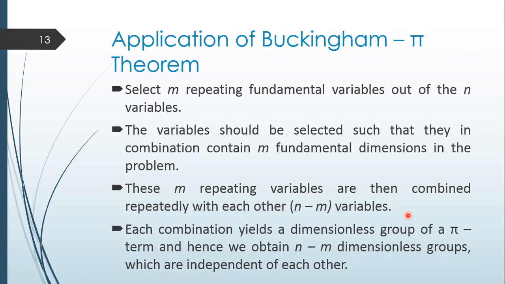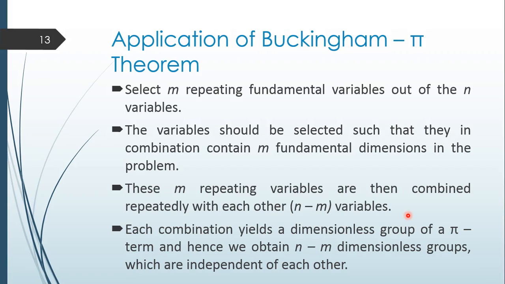By repeating variables, it means that these variables will appear in each of the dimensionless groups. Basically we'll be making combinations. We will show this with an example and you'll understand it better.